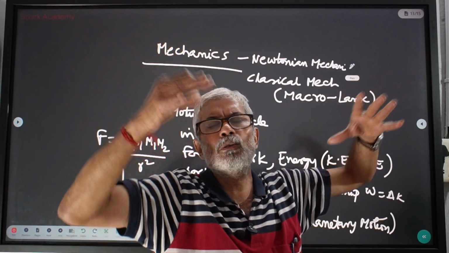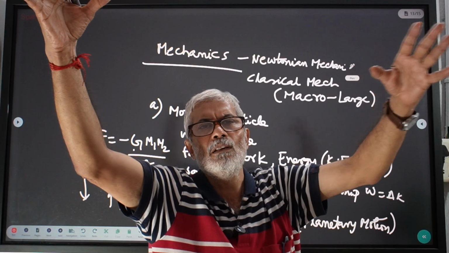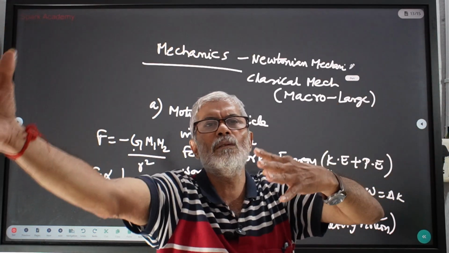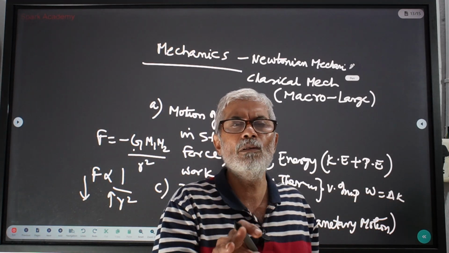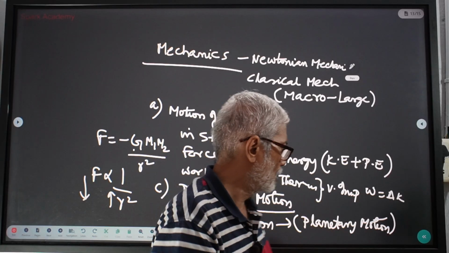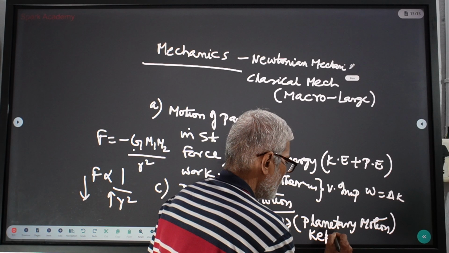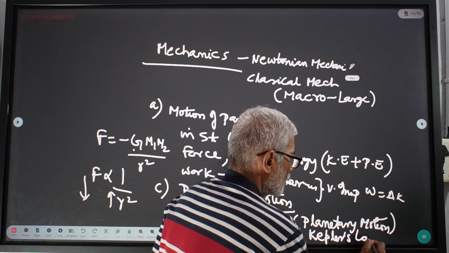What is the time period of Jupiter? When Mars moves like this at some distance, if the Mars time period is T1, what is the Jupiter time period, T2? You can find out by using Kepler's laws. So in planetary motion, the most important thing is Kepler's laws.